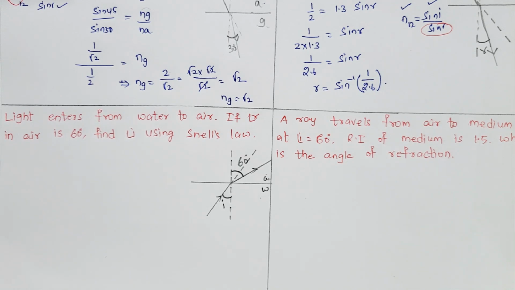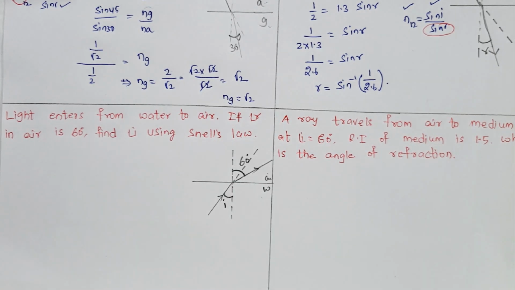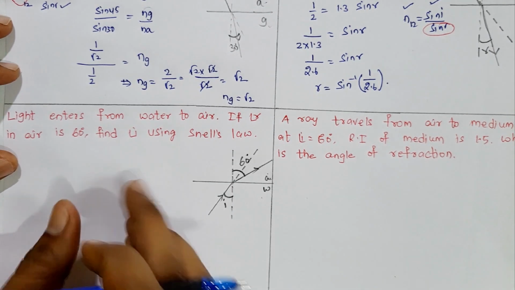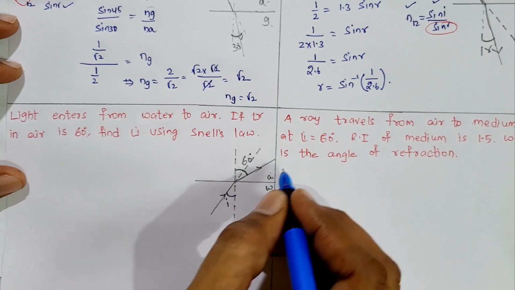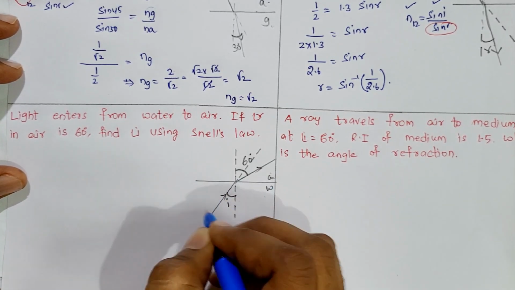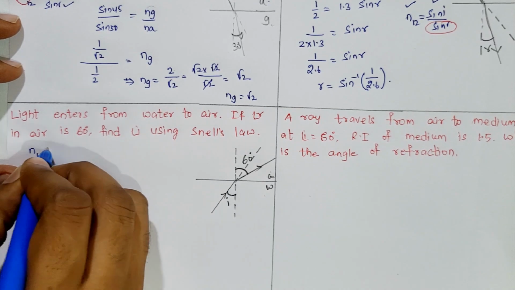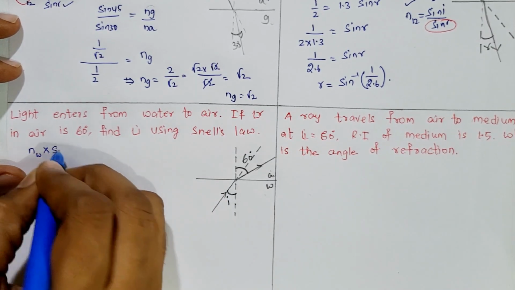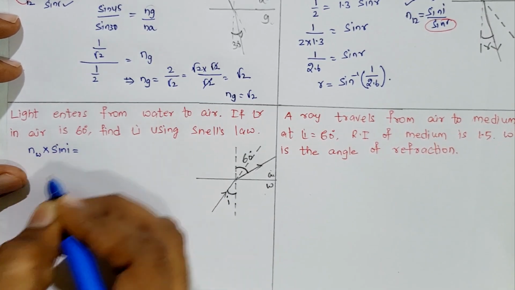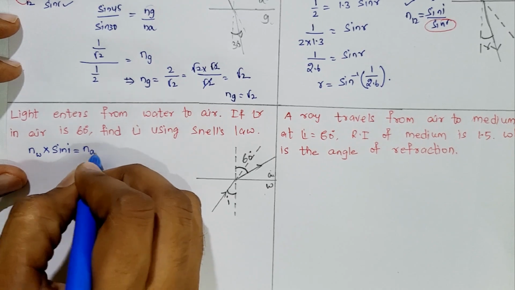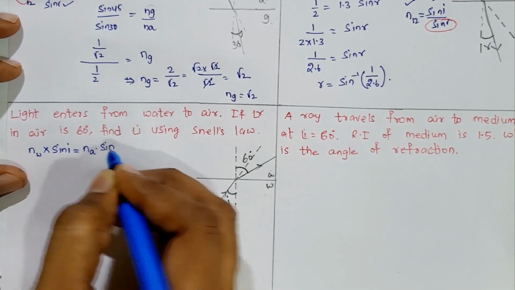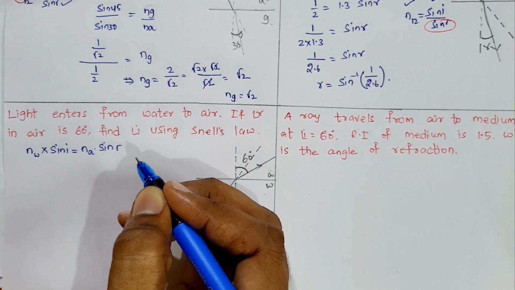So now apply the formula. Refractive index of water into sine of angle of incidence is equal to refractive index of air into sine of angle of refraction.